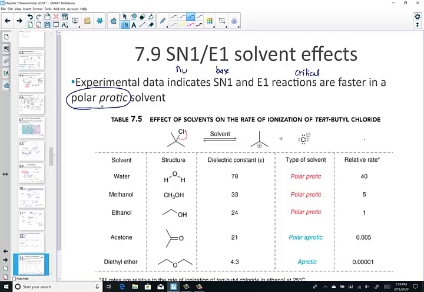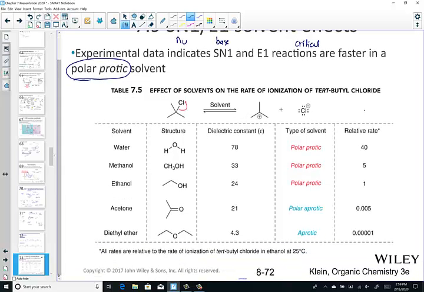Polar protic solvents make weak bases and weak nucleophiles, which then promote the E1 mechanism. Remember, strong nucleophiles and strong bases would promote bimolecular collisions. To promote unimolecular reactions, we use a weak base, weak nucleophile, and polar protic solvents meet both of those criteria.